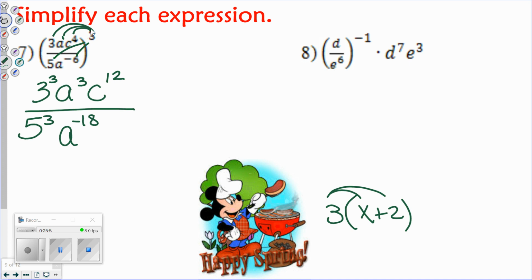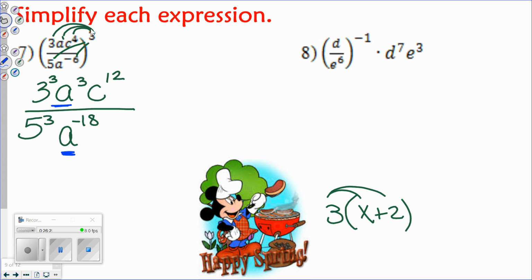Okay? All right. The next step, and again, depending on your comfort level, personally, at this point, I would do like terms. Some students say, I don't like negatives, and they like to move them right away. It does not matter. Whatever you're comfortable with. But if I go with my preference, which is like terms, what's a like? The a's, right? I can do the a's because they're the same. According to my rules, what do I do with my exponents? I subtract.